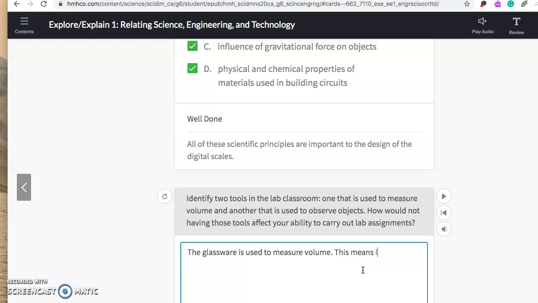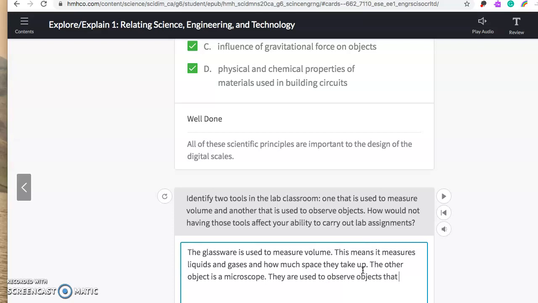This means it measures liquids and gases and how much space they take up. The other object is a microscope. They are used to observe objects that people can't see with their normal eyesight.